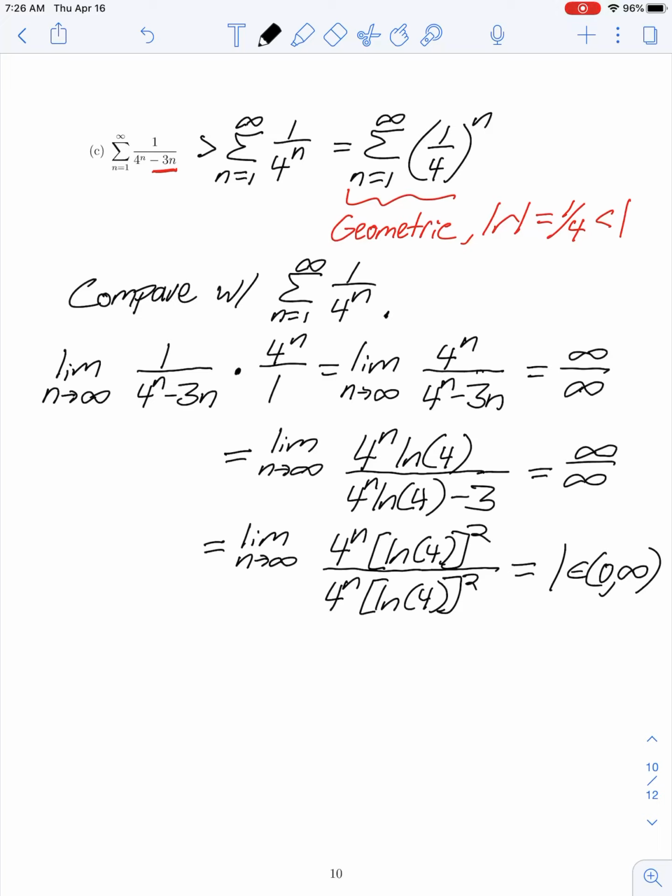So the limit comparison test says that both these series converge or both diverge. And here they both converge. Let's write out our justification.